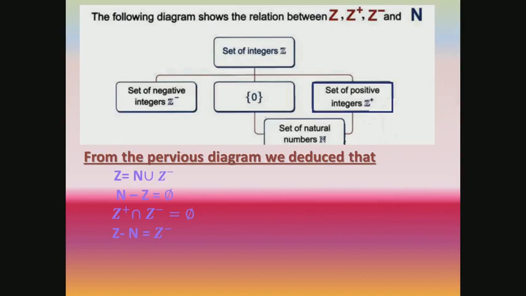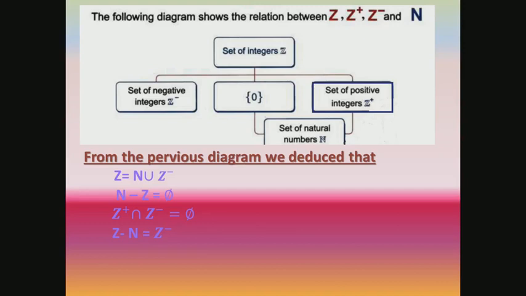The following diagram shows the relation between Z positive, Z negative, and N. The mother set, the set of integers Z, consists of the set of positive integers, denoted by Z positive, 0, and the set of negative integers, denoted by Z negative. 0 and the set of positive integers is the set of natural numbers, which we took in the previous year.